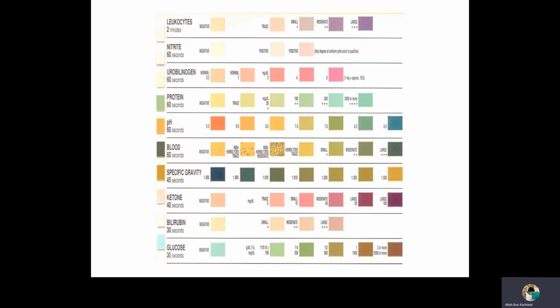This is the standard strip on which you compare your strip color.